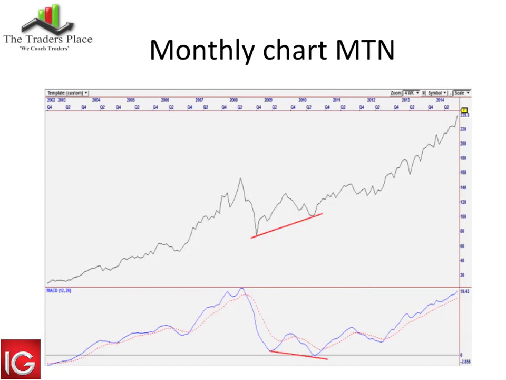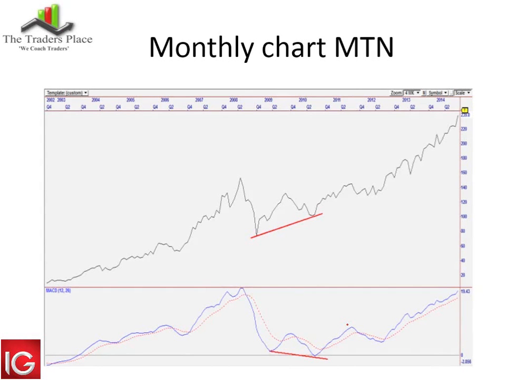MTN was the best example. We had the 2008 correction. The market started to pull back, topped out middle of sort of third quarter 2009. MTN then pulled back and made a higher low. The MACD made a lower low. We have reverse divergence or a slingshot trade, and we can see the result. Remember, it's a monthly chart.